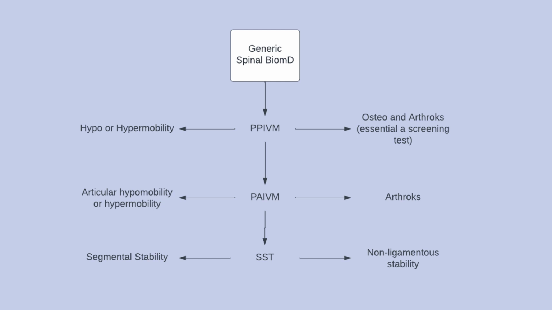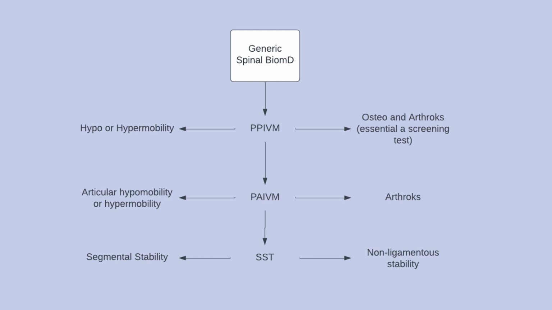I think it's pretty good, but we don't know. It's almost certainly not going to be 100%. So there are going to be errors made here one way or another. But in general, if the PPIVM is negative, send it out for a second opinion. If that one comes back negative as well, then you're just going to accept the fact that your initial diagnosis was off, or the biomechanical dysfunction that does exist is insensitive to your testing and the other person's testing.